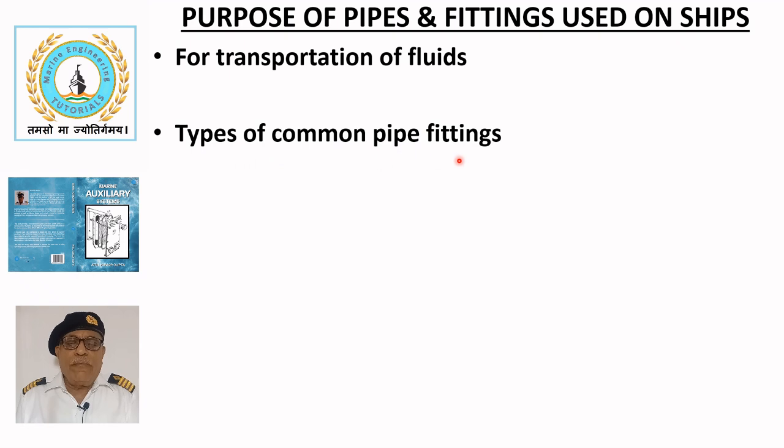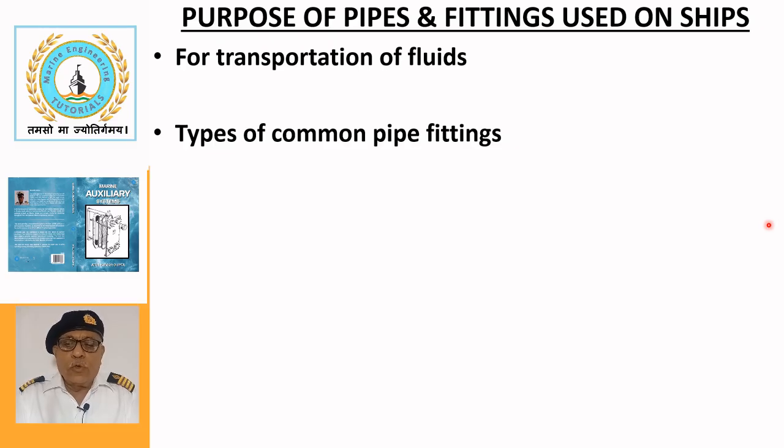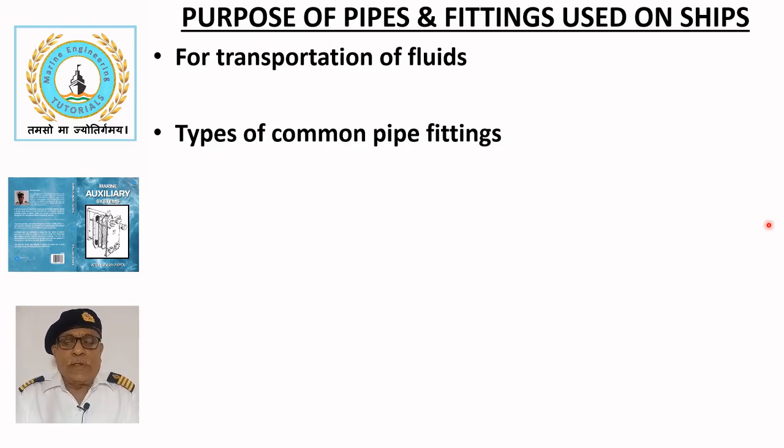Types of common pipe fittings. Pipes are used for transporting these fluids and may be of various types and made from different materials, suitable for specific uses. To lay up the pipes, the following pipe fittings are commonly used. Flanges.